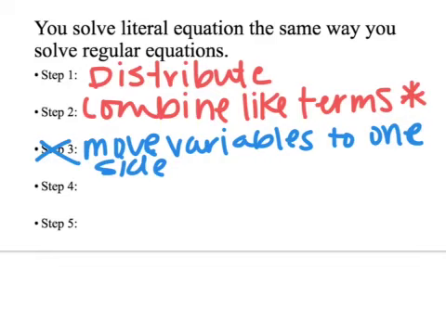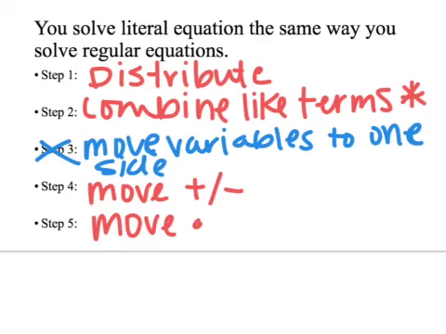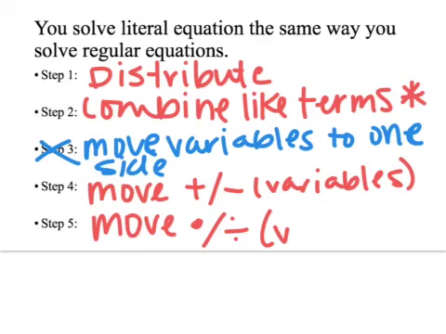Okay, but you're going to move the variables using the steps, move addition and subtraction first, and then move multiplication and division next. When you move these, you're usually moving variables. So you're going to move the variables from side to side, and you're going to do that by adding and subtracting first and then multiplying and dividing.